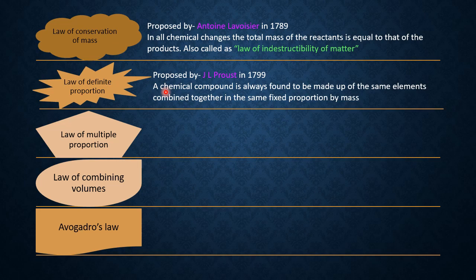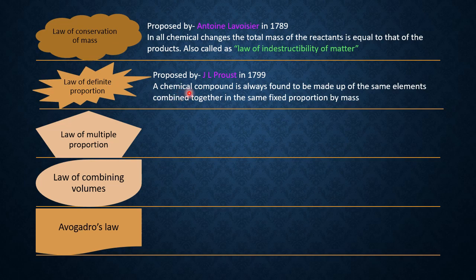The best example for this is water. Water is H2O. H2 is 2 gram, O is 16 gram. If you take the ratio of hydrogen to oxygen in one water molecule, it is 2 is to 16, or 1 is to 8 by mass.